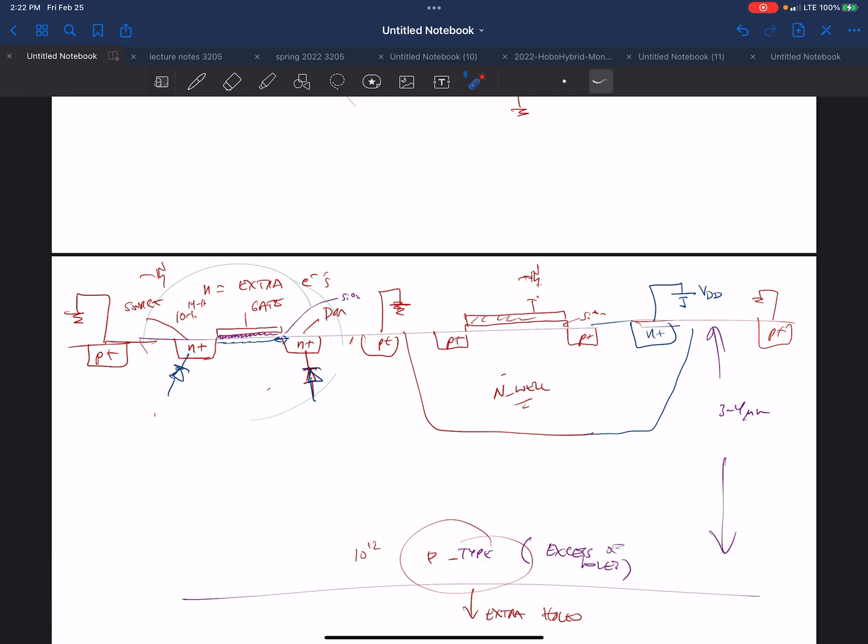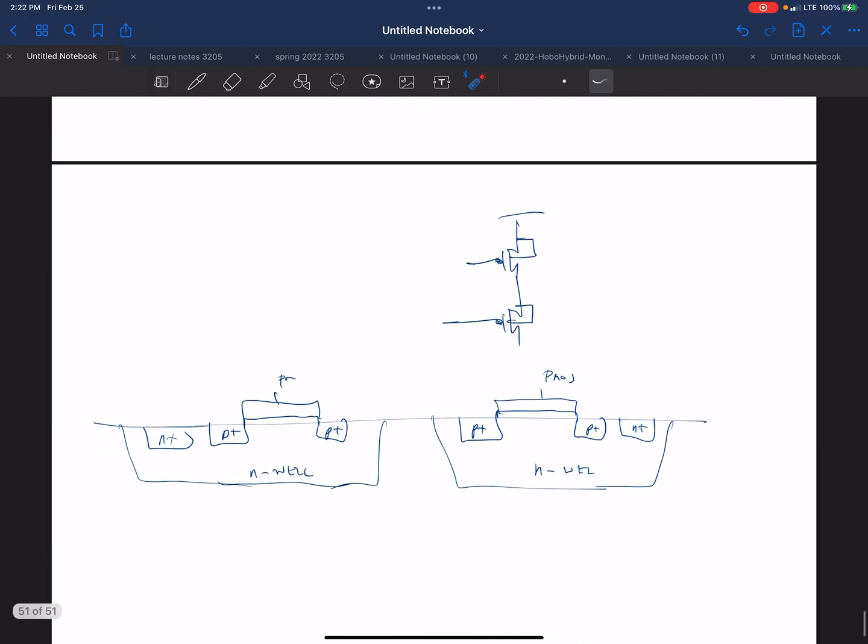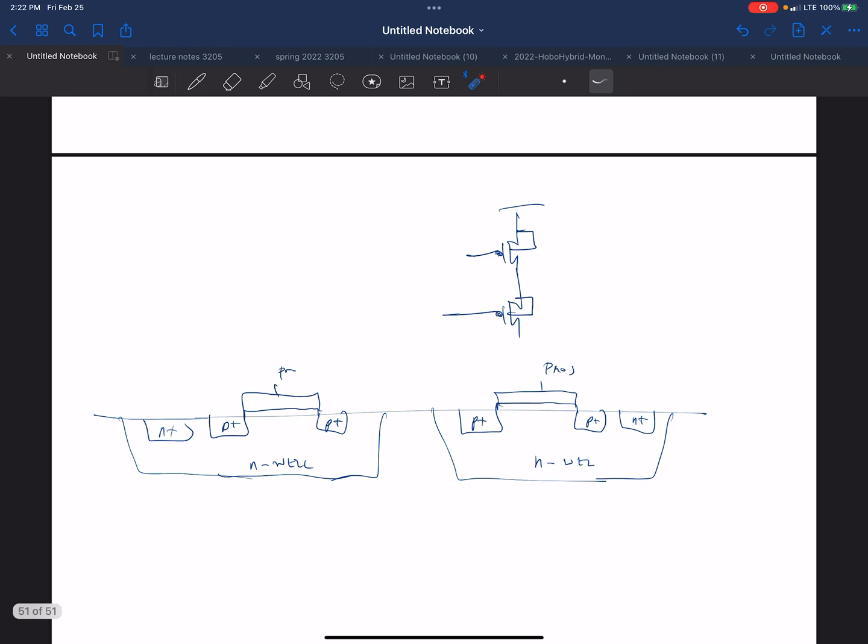Okay, it's not like there'll be a short. In fact, sometimes in analog design we do this. But you pretty much don't see it used in digital design at all, but it's possible to do it.